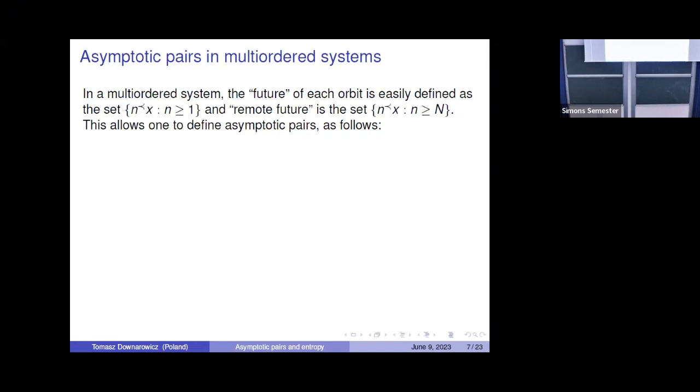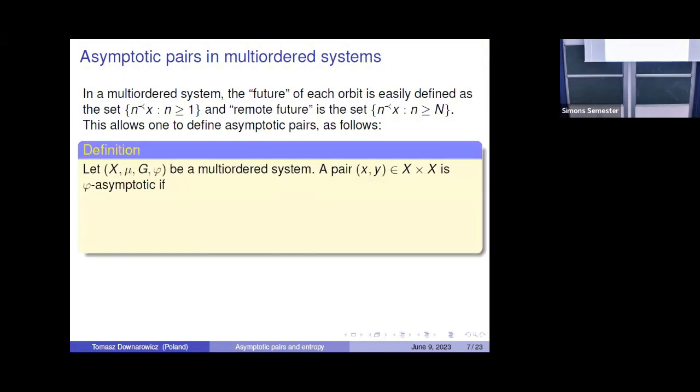Or if you start from some capital N, then we call it the remote future. So we can now define asymptotic pairs in a multi-ordered system. A pair x, y is asymptotic if three conditions are satisfied. First of all, they must be distinct, because for the same point it is trivial.